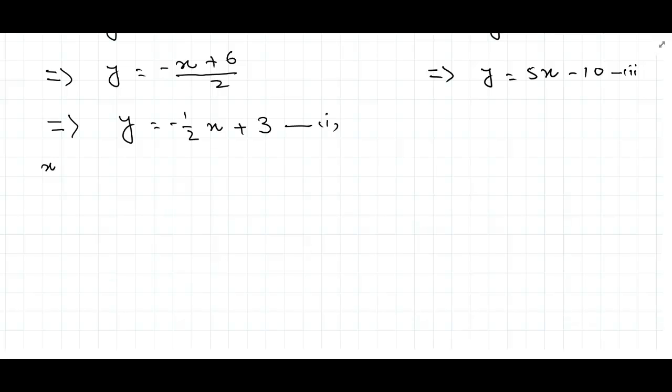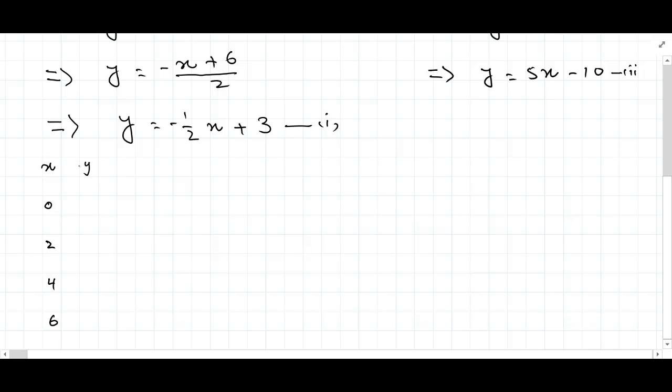We don't need to have fractional values of y, that's why we assume only those values of x which are multiples of 2. So let's get 0 here, then 2, then 4, then 6.